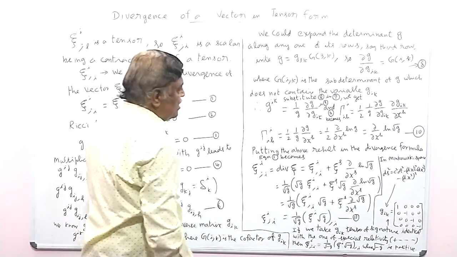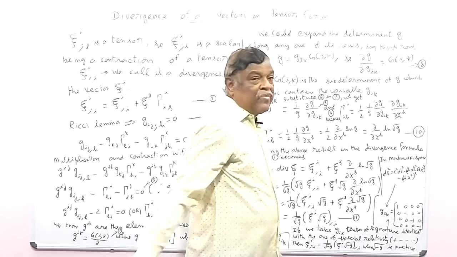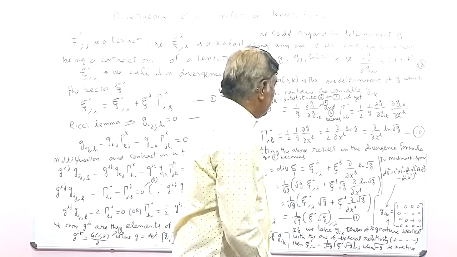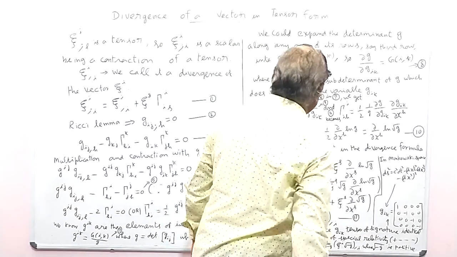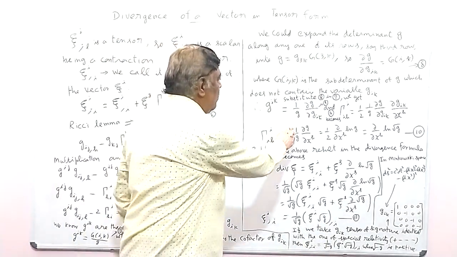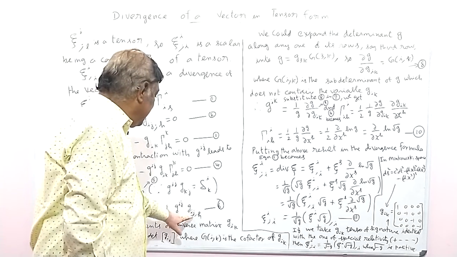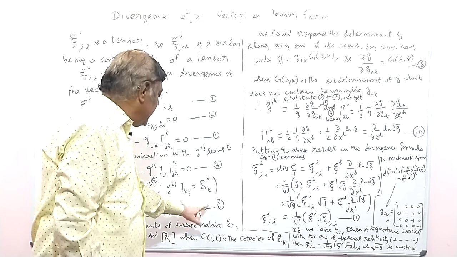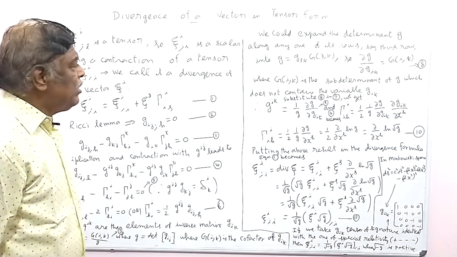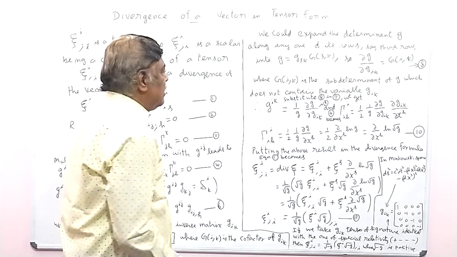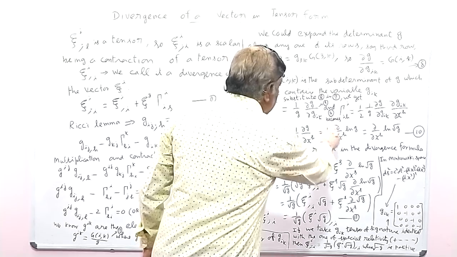If you substitute this expression, it is 1 by g partial dg by dg_ik, and here dg_ik by dx^h. Here the comma h means you are finding the normal derivative. So if you substitute equation 8 in 7 we get 9, and equation 6 now becomes like this.